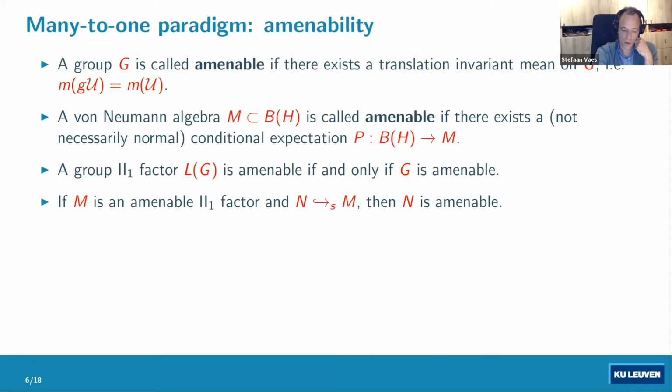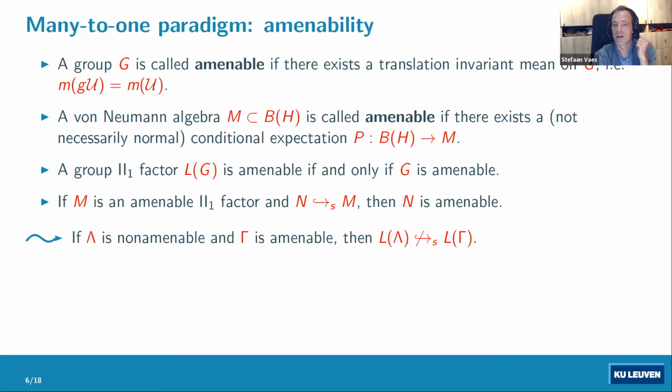Therefore, we can already answer this speculation of Murray and von Neumann, because it's wrong in the sense that if Λ is a non-amenable group and Γ is an amenable group, for instance, Λ is a free group and Γ is your favorite amenable group, say finite permutations of a countable set, then there is no possibility to embed even stably L(Λ) into L(Γ).